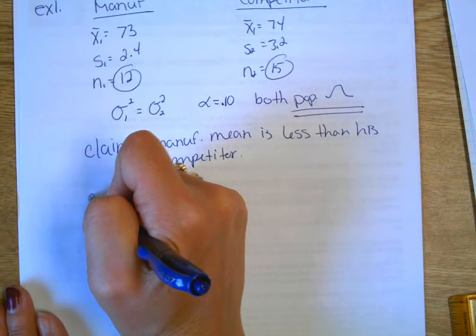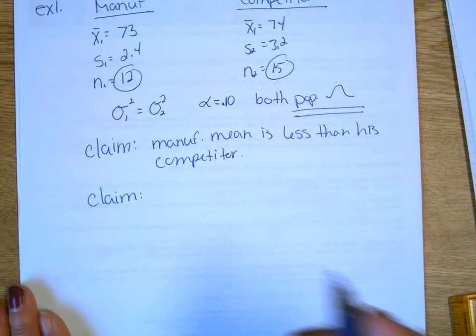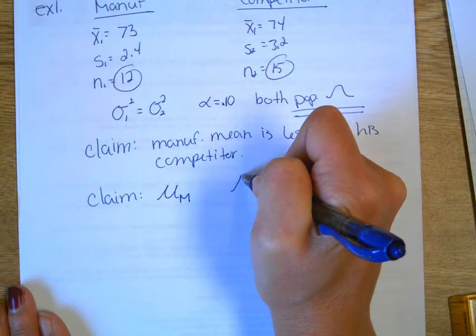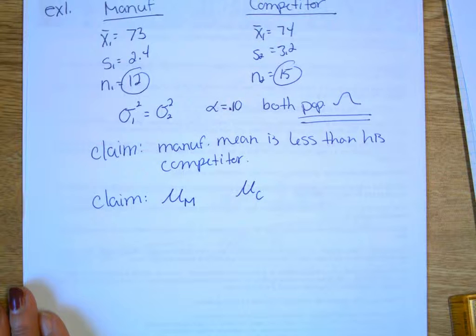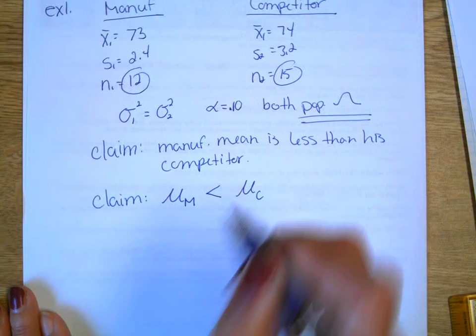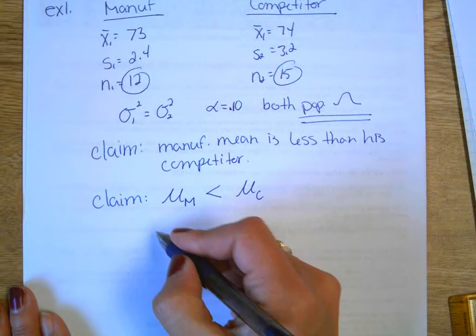So we rewrite the claim. And we want to distinguish between the two, so I'm going to go with the mean. I'll use M for manufacturer and the mean of C of competitor. And what he's saying is the manufacturer is less than the competitor. And now we write it as a difference, just like we did last week where you subtract to get a difference of the two.